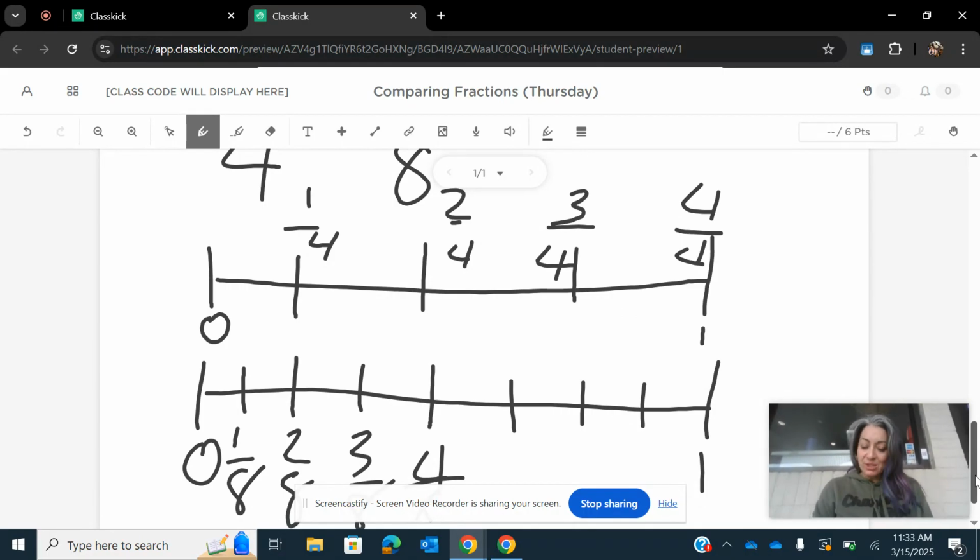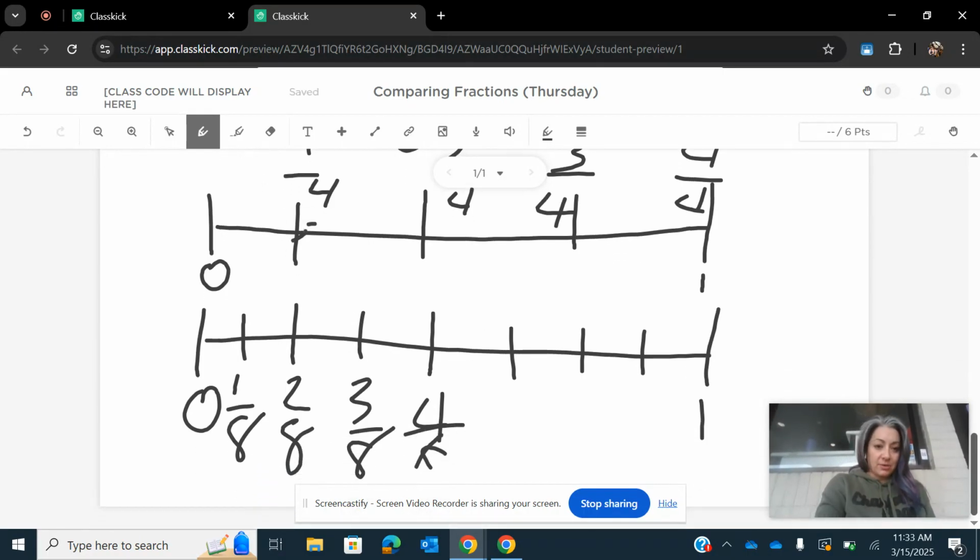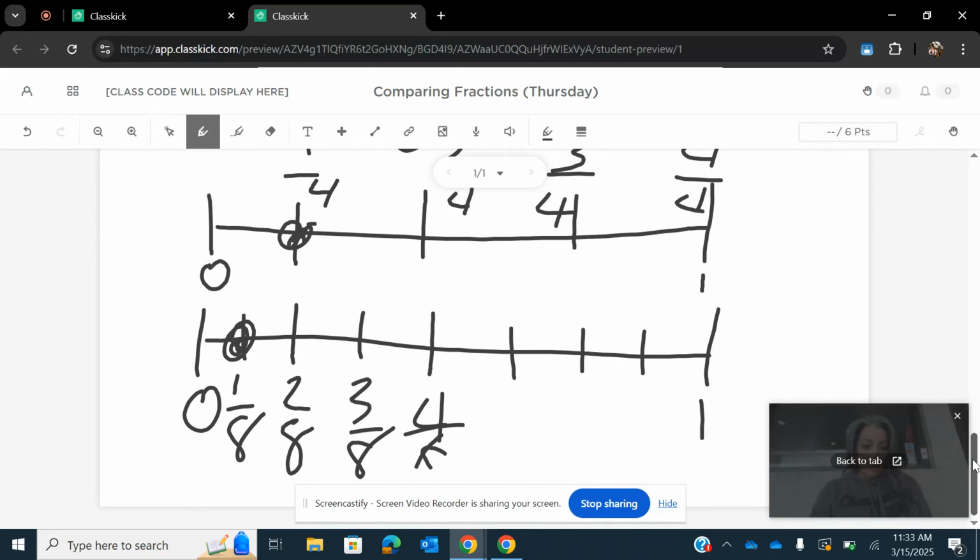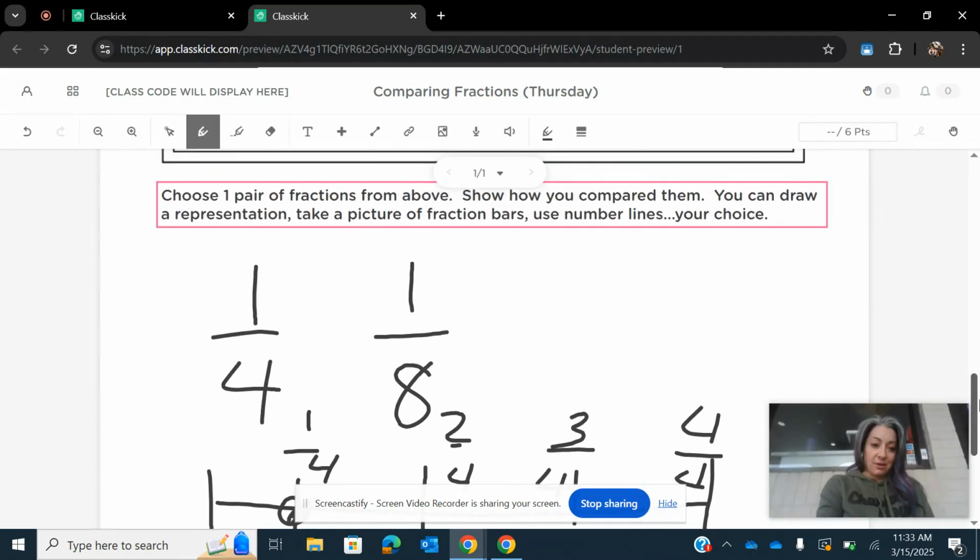Okay. So if I'm looking at 1/4, here is 1/4. I'm looking at 1/8, here is 1/8. You want to look to see which one is closer to 0. The one that's closer to 0 is going to be the smaller fraction. So that means that 1/8 is going to be smaller. So I would compare then by saying 1/4 is greater than 1/8. There you go. A little review of comparing fractions.